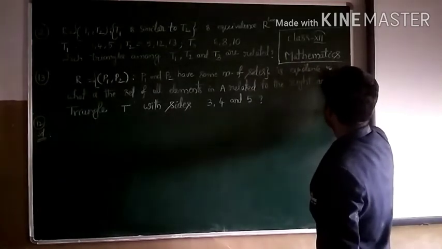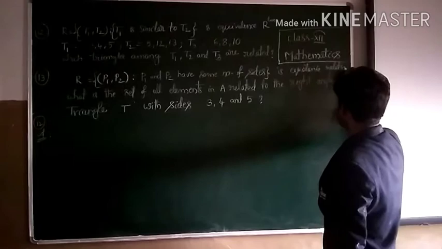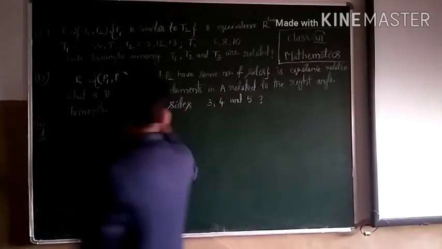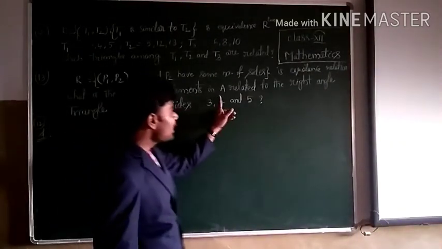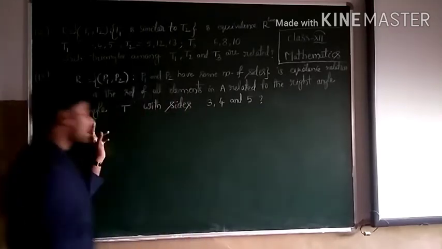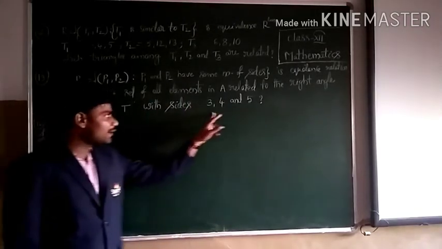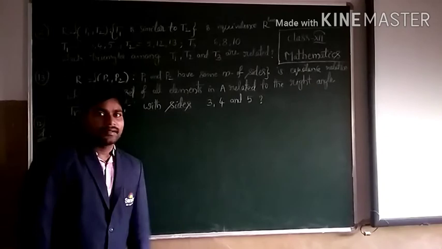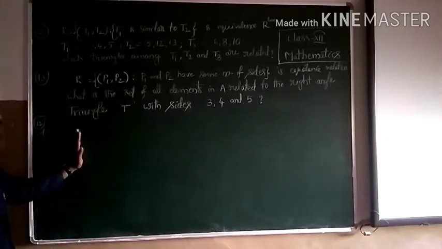Next one, there is another question also in this. What is the set of all elements in A related to the right angle triangle D with the sides 3, 4 and 5? Okay, now let's see how we can prove this.